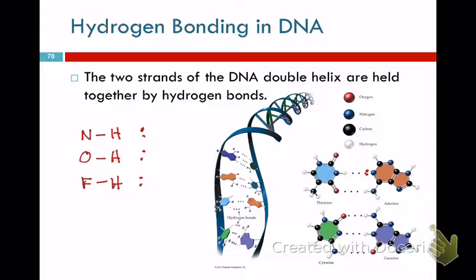So the DNA pattern, when you always say A to T and G to C, fits that way because the shapes of the molecules and the hydrogen bonding is what holds them together. So G, guanine, has an oxygen double bonded to a carbon here. And then again, there's nitrogen and amine.